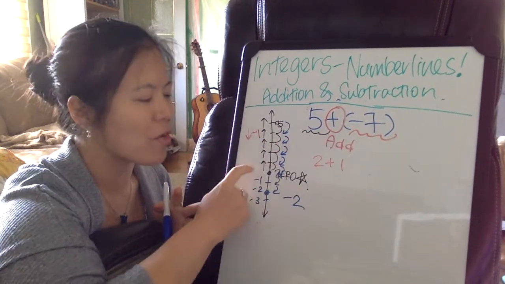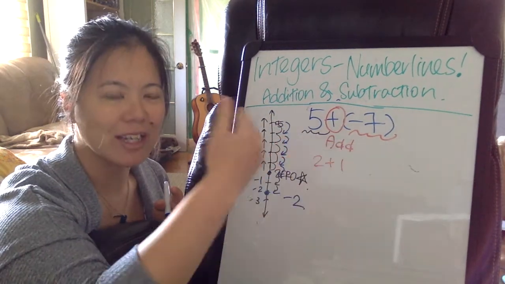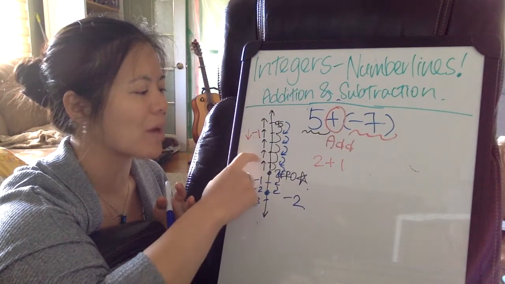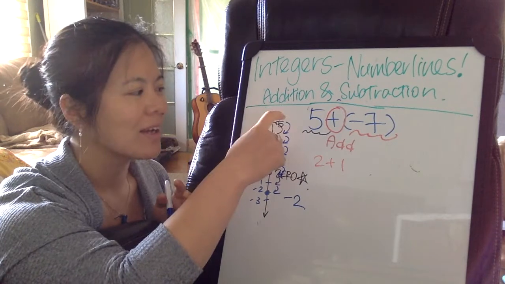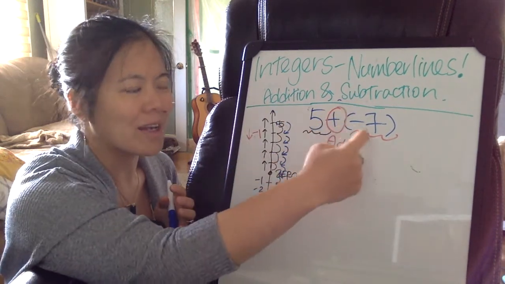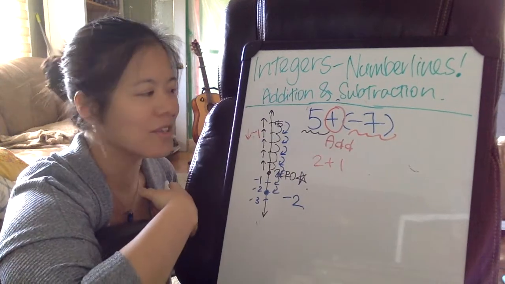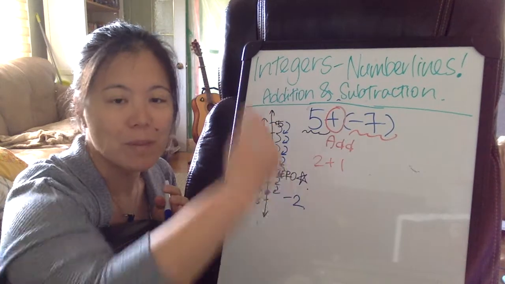You could also think of it as starting with 0 money, but you earned at some point $5. So you went up 1, 2, 3, 4, 5. Now you have $5. However, you're adding -7. You could think of it as borrowing $7. So now you have to take 7 steps backwards.